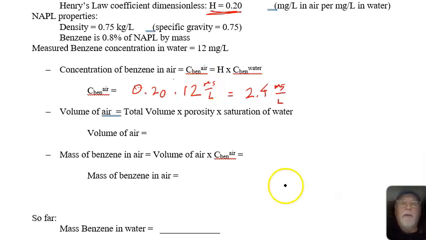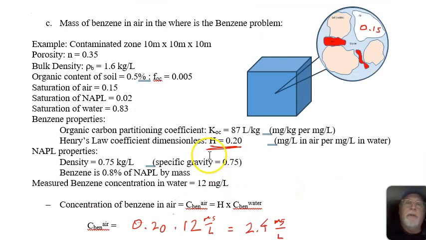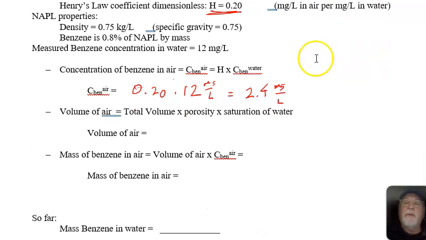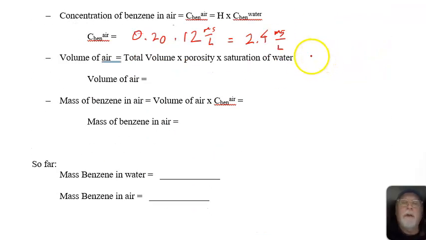The volume of air is going to be, we just did this for water. Remember, we've got a 1,000 cubic meter box here. 350 cubic meters of that is pore space. 15% of that 350 is air. So it's the 1,000 cubic meters times the porosity of 0.35.